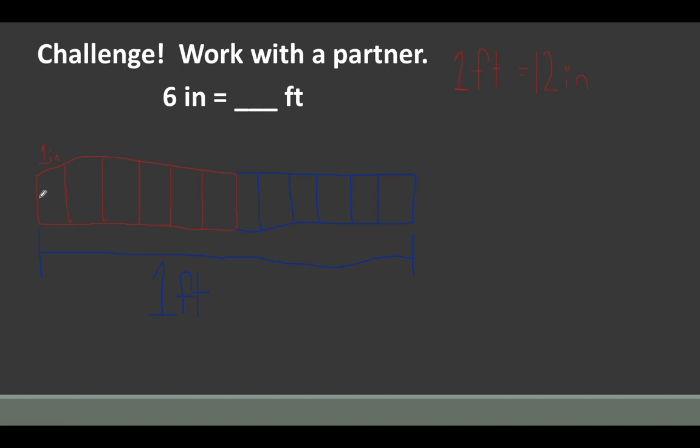So if I know that I have 1, 2, 3, 4, 5, 6 pieces out of 1, 2, 3, 4, 5, 6, that makes 12 total. 6 out of 12, I can then reduce this fraction. I know that 6 and 12 are both divisible by 6.